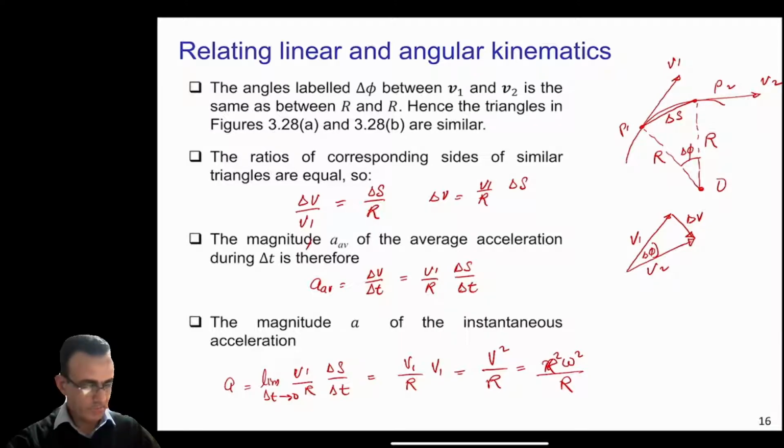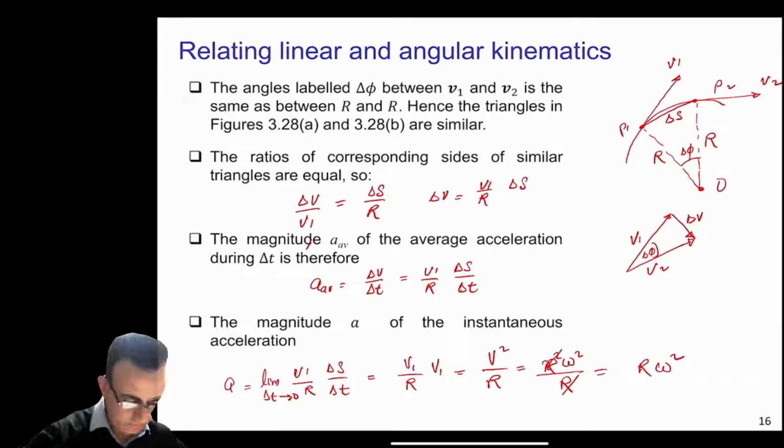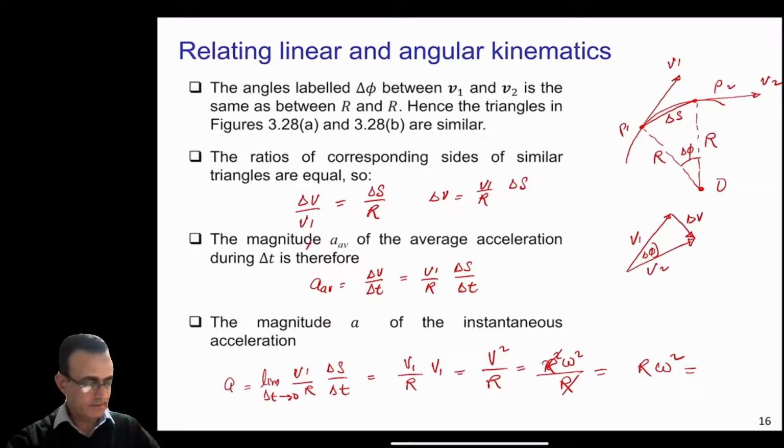If you cancel this r with r, it will become r omega squared. And this is obviously the a radial. So a radial in this case is r omega squared here.